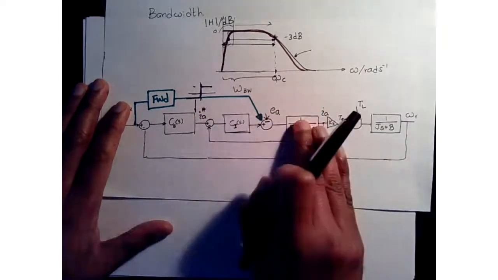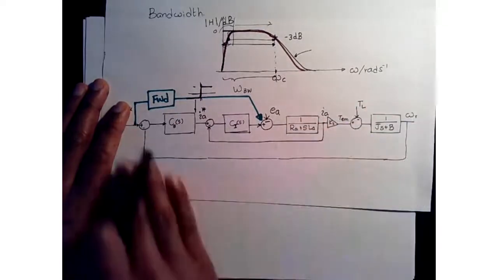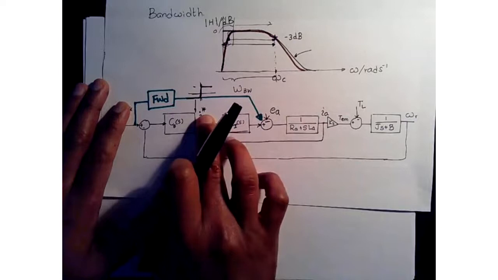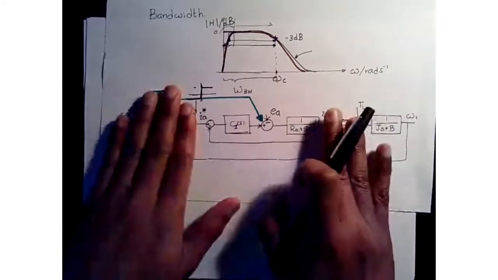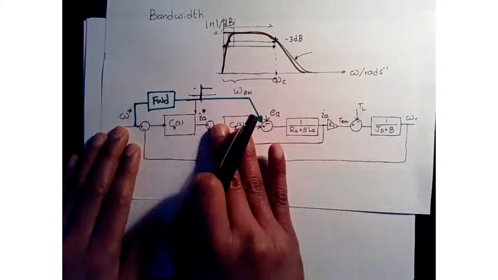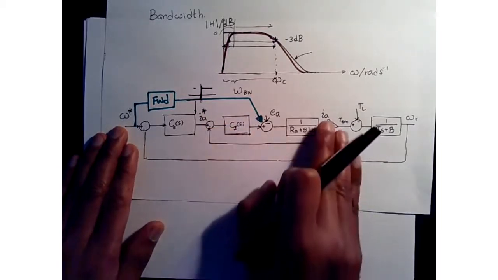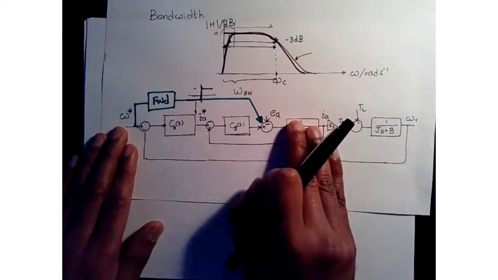So this has come to a steady state way faster than the speed loop. Therefore, IA star is equal to IA. So we actually don't even see the effect of this inner loop, because it's responding so fast.